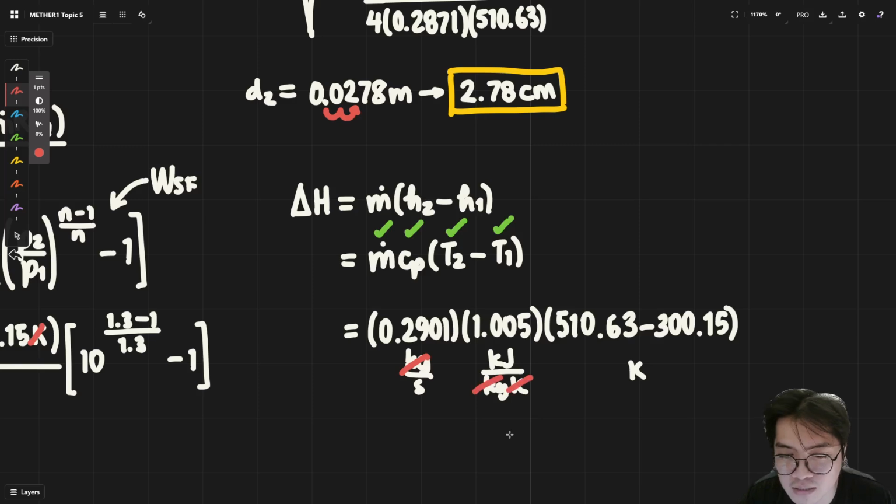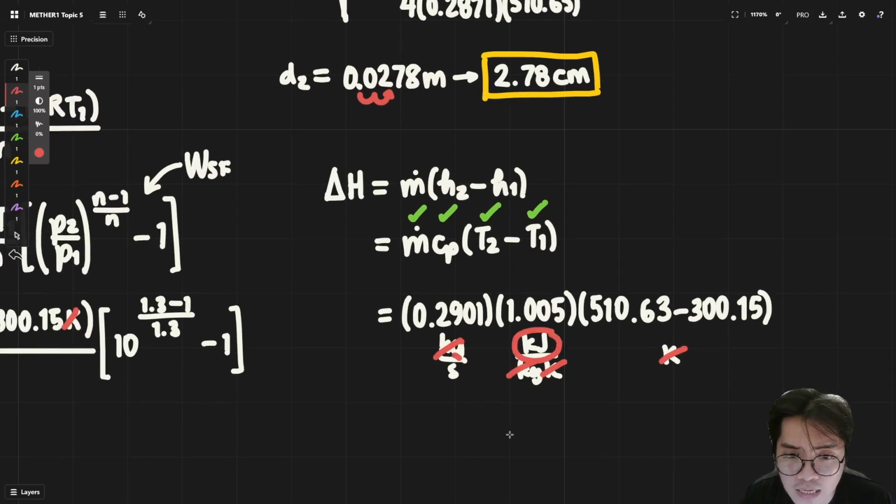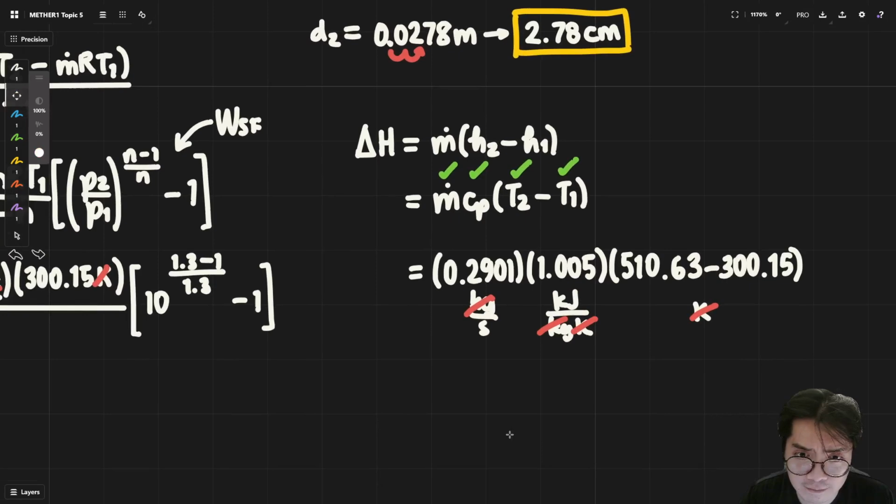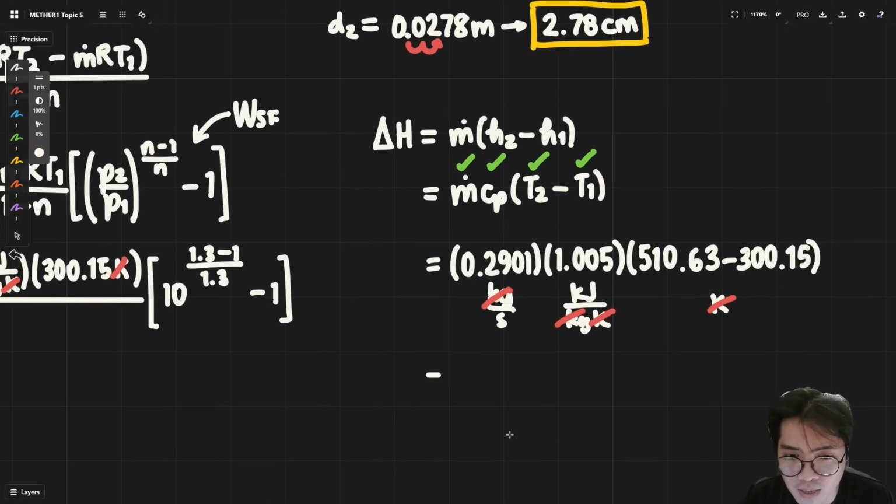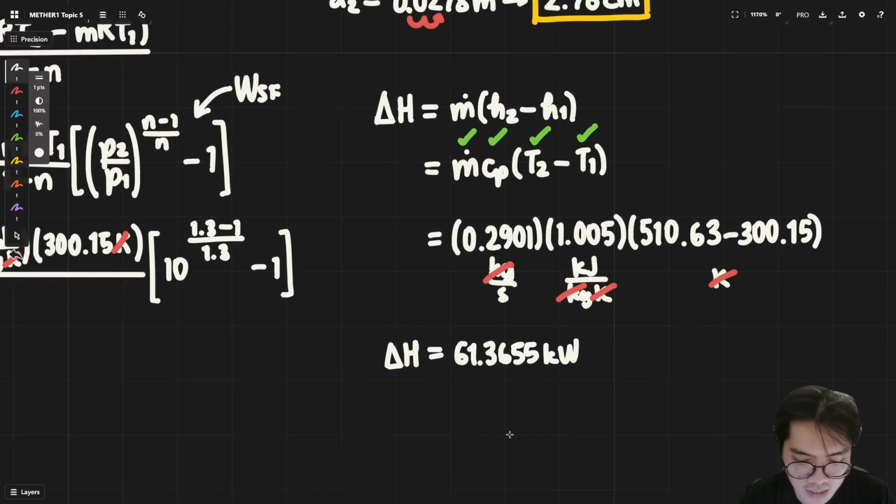Cancel, cancel, cancel, cancel. This is now kilojoules per second, which is kilowatts. So that is your delta H: 61.3655. This is now in kilowatts.